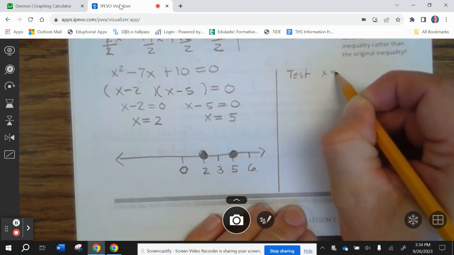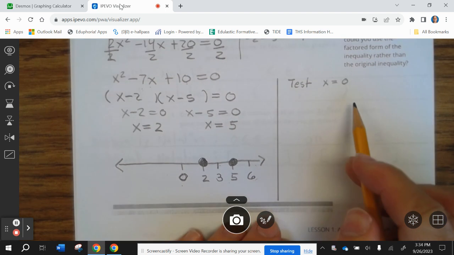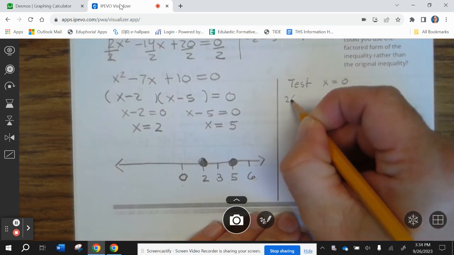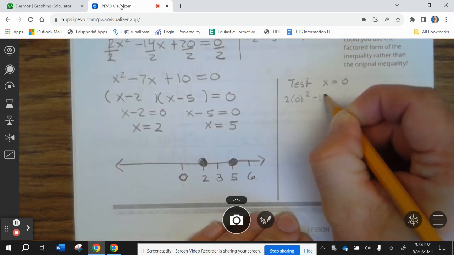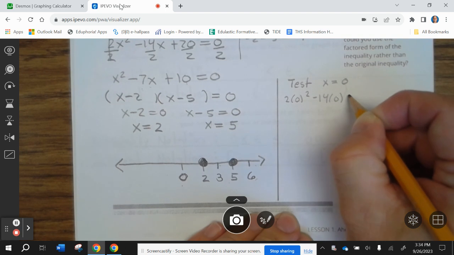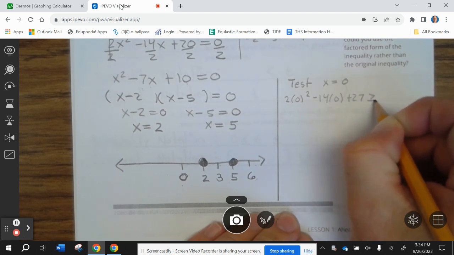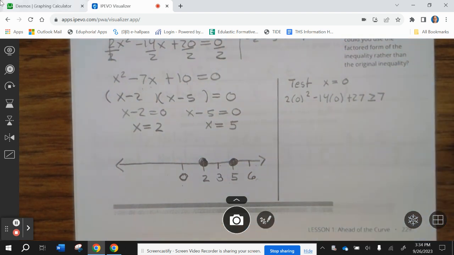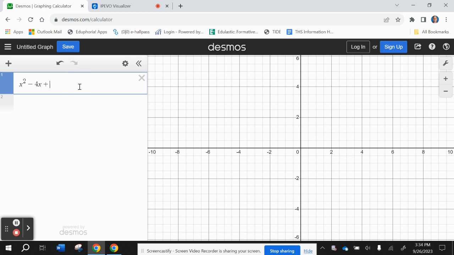When x equals 0, I plugged 0 into the original inequality. So 2 times 0 squared minus 14 times 0 plus 27 greater than or equal to 7. Okay, so let's use Desmos. So 2 parentheses 0 squared minus 14 times 0 plus 27 is 27.